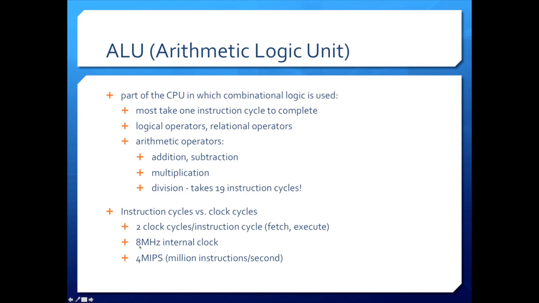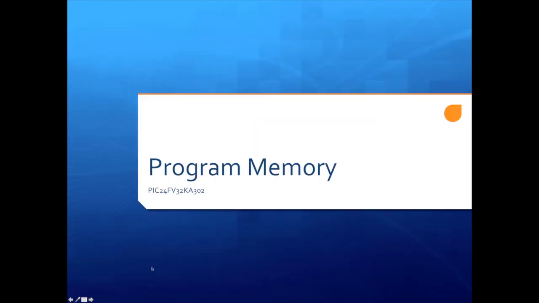So if we are dealing with an internal clock of 8 megahertz, and it takes 2 clock cycles per instruction cycle, then really we're talking about 4 million instructions being fetched and executed every single second. We call that MIPS. So 4 MIPS, which you may see, stands for millions of instructions per second. Because we're at 8 megahertz and it's 2 clock cycles per instruction cycle, we're operating at 4 MIPS.